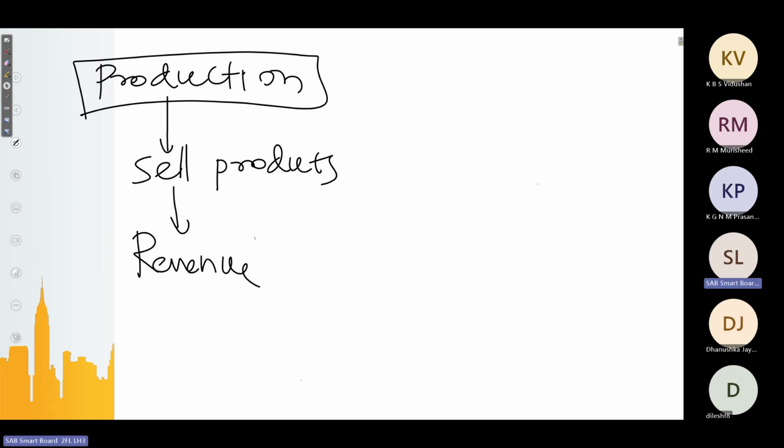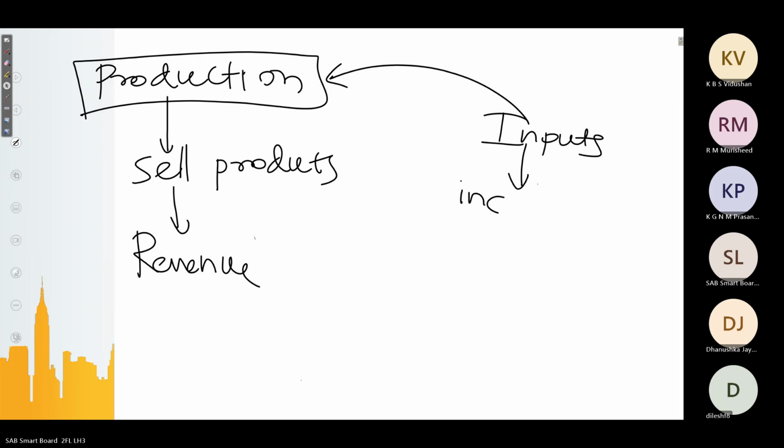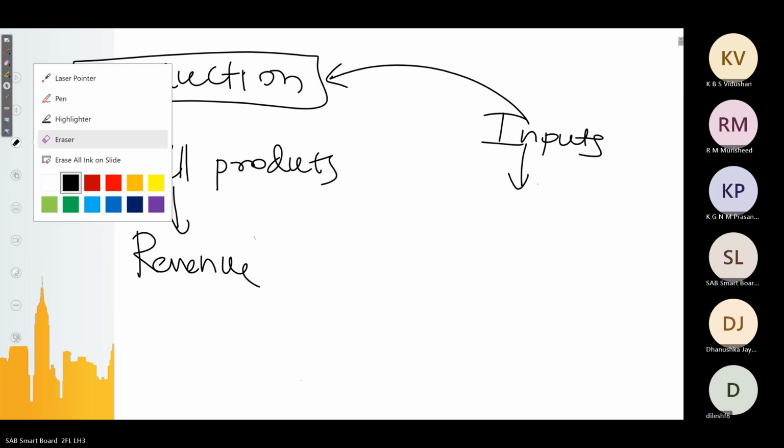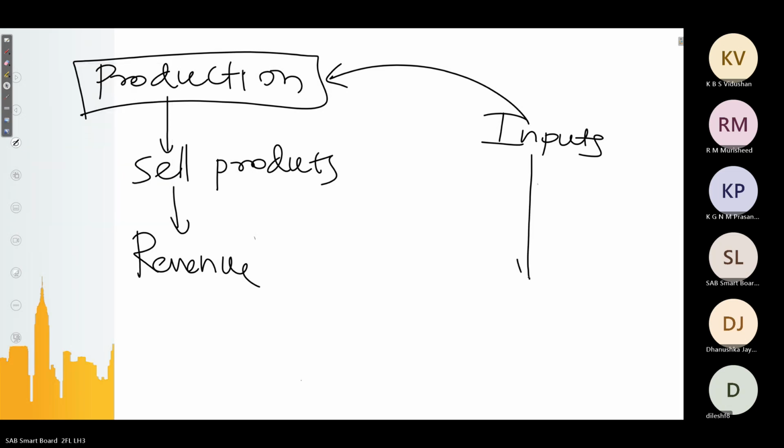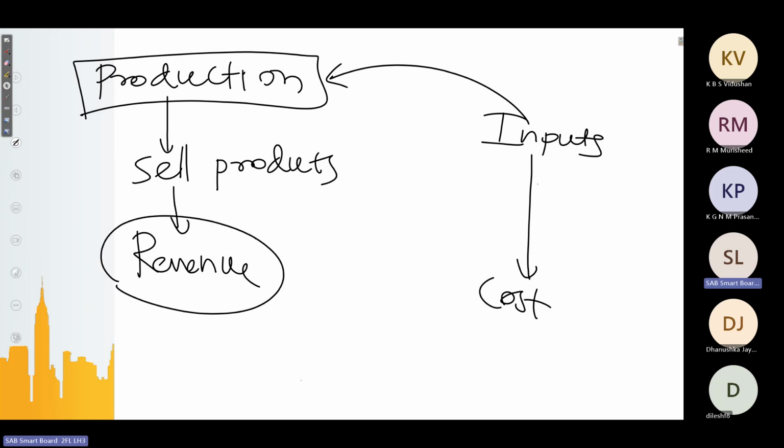Also, because of production, they hire inputs, they use inputs. Because of the use of inputs, they incur costs. So because of the production, on one hand, they earn revenue.